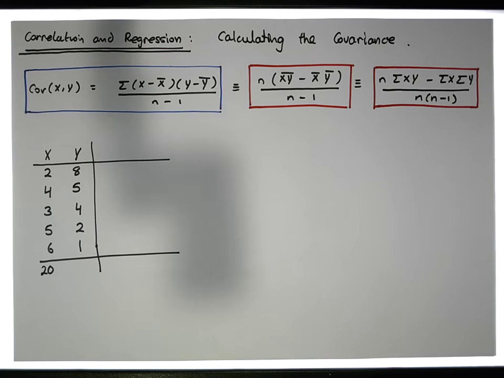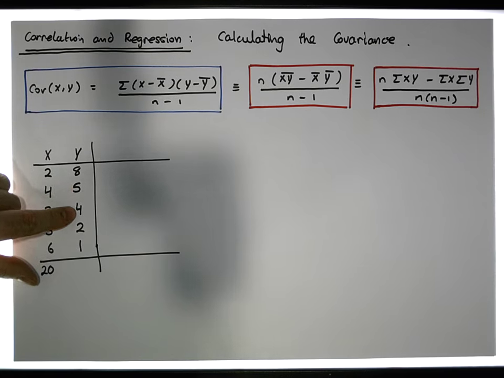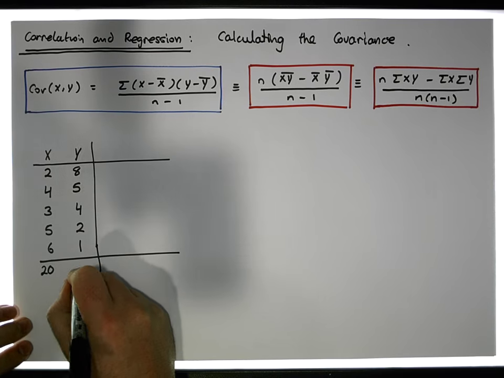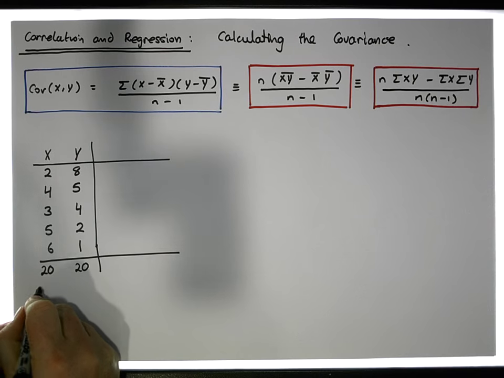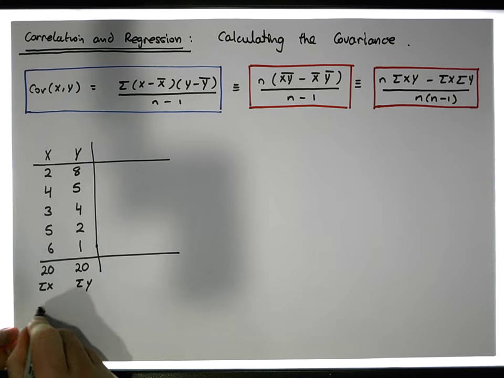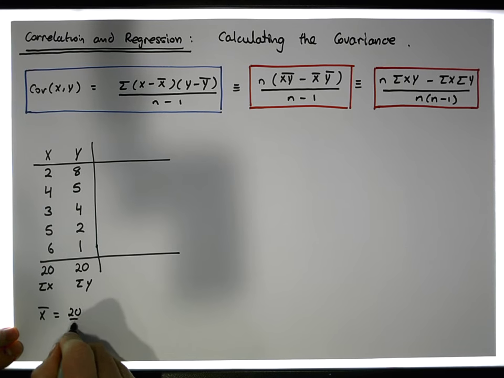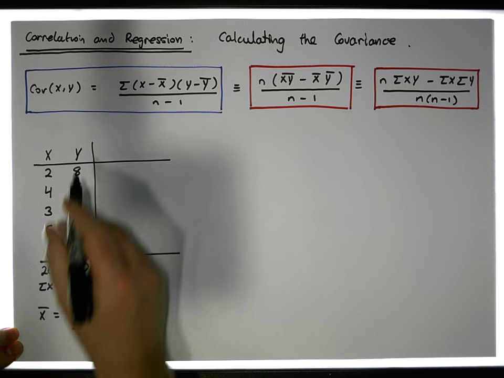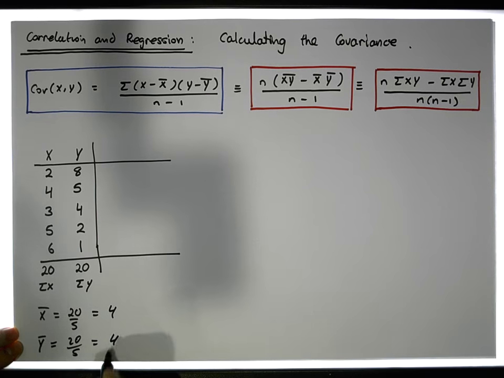The next column is 8 plus 5 is 13, plus 4 gives us 17, plus 2 is 19, plus 1, we have 20 here as well. That's the sum of the x's and the sum of the y's. So x bar is 20 over 5, which is 4, and y bar is also 20 over 5, which is 4.